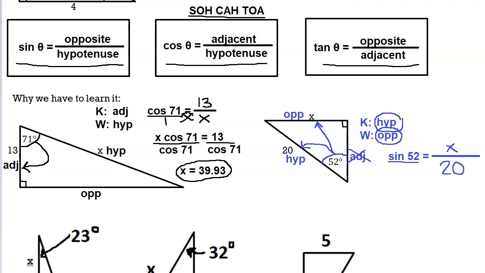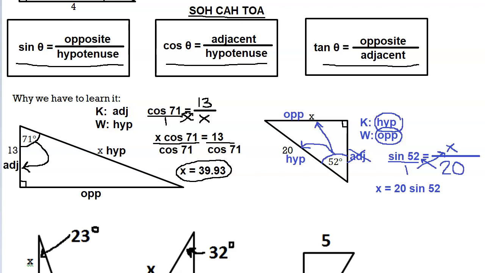Now, to solve, we're going to cross multiply here because, like I said, I don't really feel like teaching you anything new at the moment, and I already know that you know how to cross multiply. 1 times x is x, and 20 times the sine of 52 is 20 times the sine of 52. Again, if you cross multiply, you just do this times this times this, and we are good.